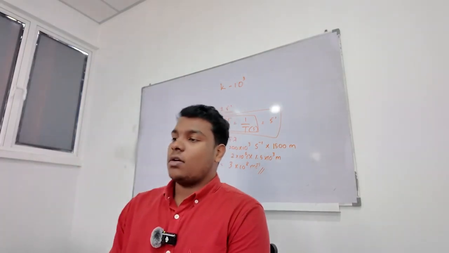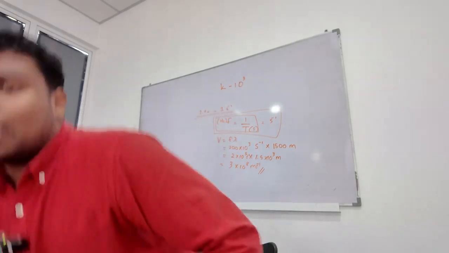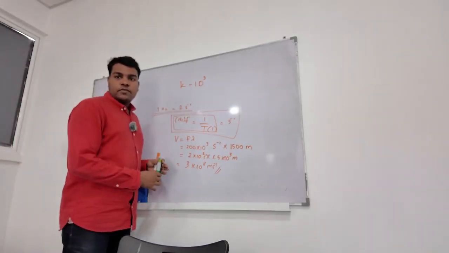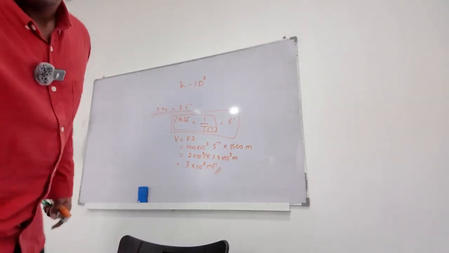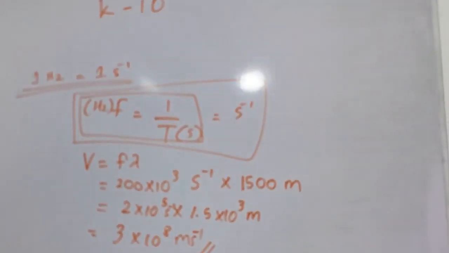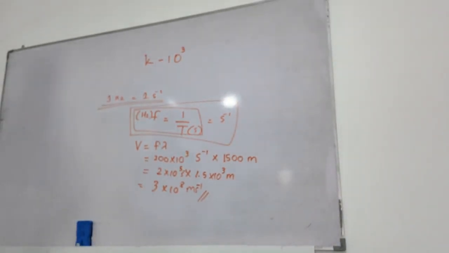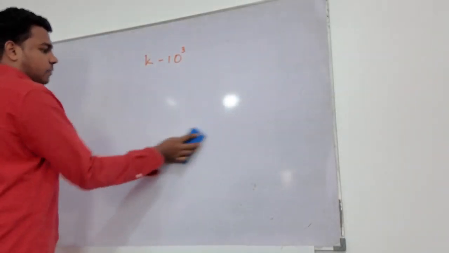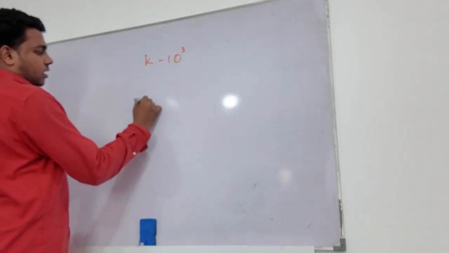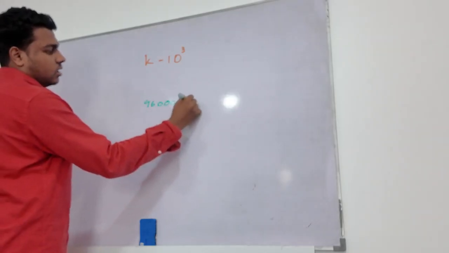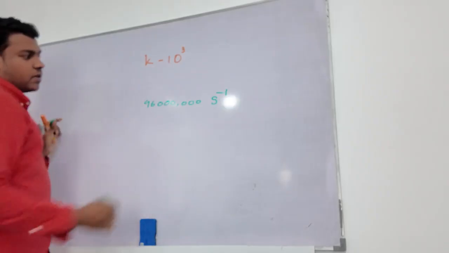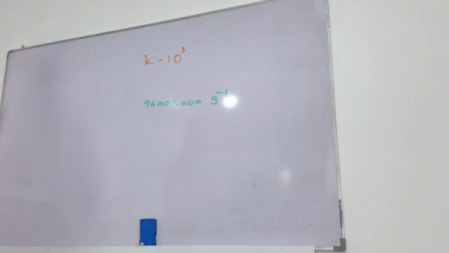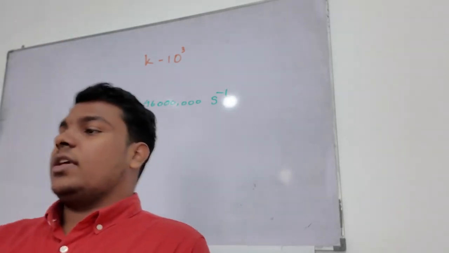The tip of the ultrasound cleaner vibrates 96 million times per second. Per second means s minus 1. So what's the frequency? 96 million hertz. It's very easy to understand. So it vibrates at 96 million hertz.